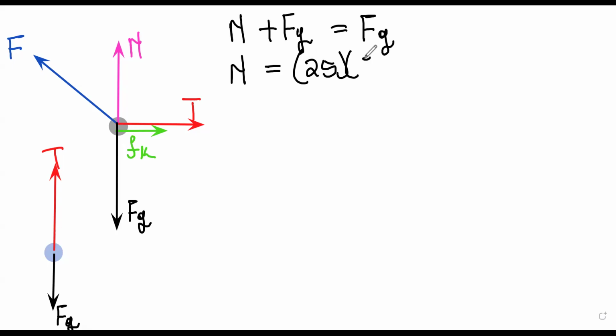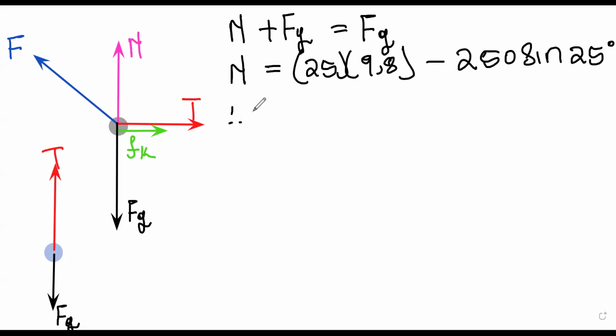And this is a 25 kg block. And then we can go to the vertical component and we say, well, the applied force is 250 newtons, and we multiply this by the sine of 25 degrees. And now we can press our answer into the calculator and find the normal force. So, how much do you get when you press this into your calculator?